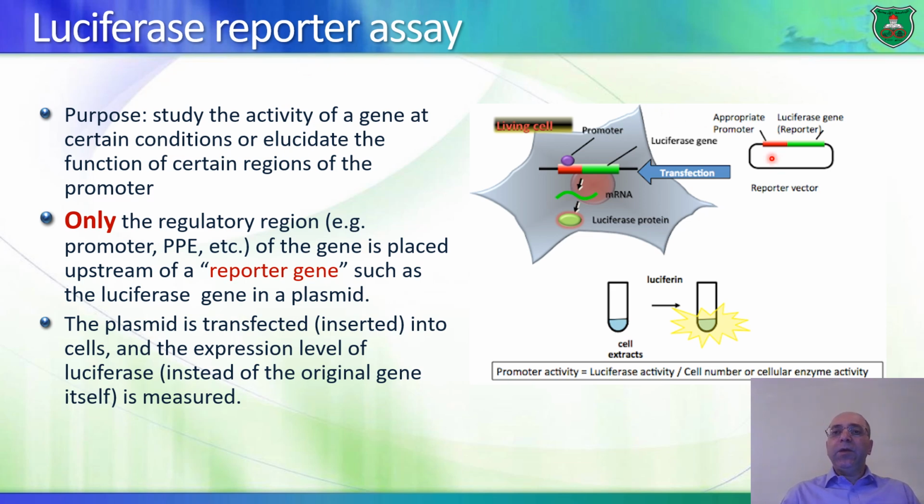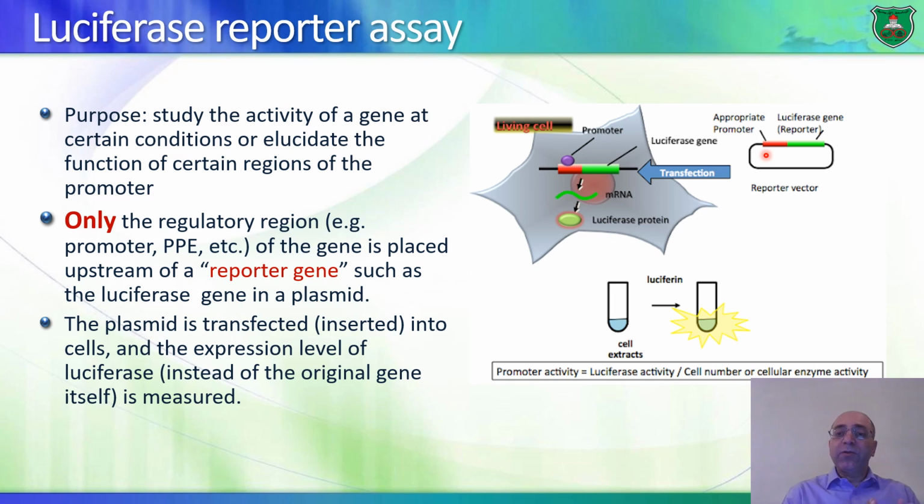We take the promoter region, we take the regulatory regions of any gene, and we put them ahead of the luciferase gene. So now the luciferase gene is under control of the promoter region of the gene that we want to analyze.